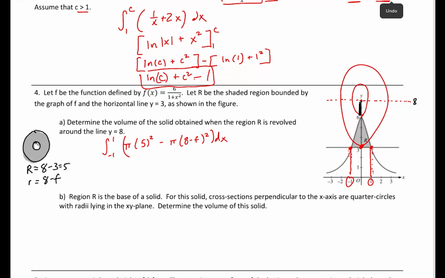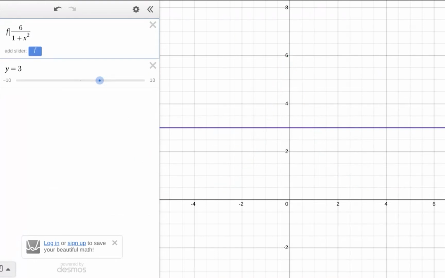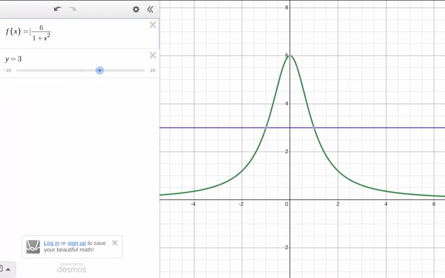Okay, so let's go ahead and type this in. I'm going to give this function up here a name so I don't have to retype that. We'll call that f. Don't really need to give the other one a name because it's just a constant.